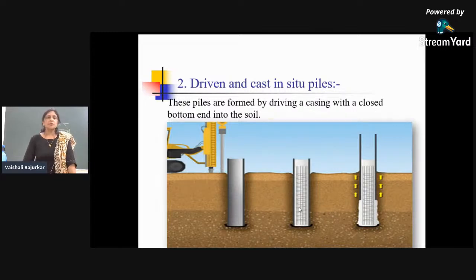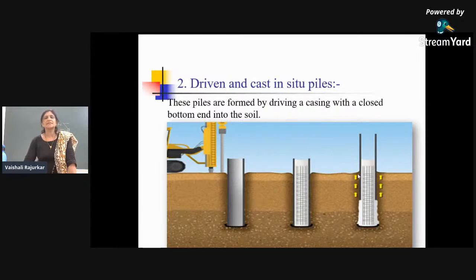Now, many times we want to enlarge the bottom of the pile, so hammering is done at its top, and while hammering, we lift the casing.